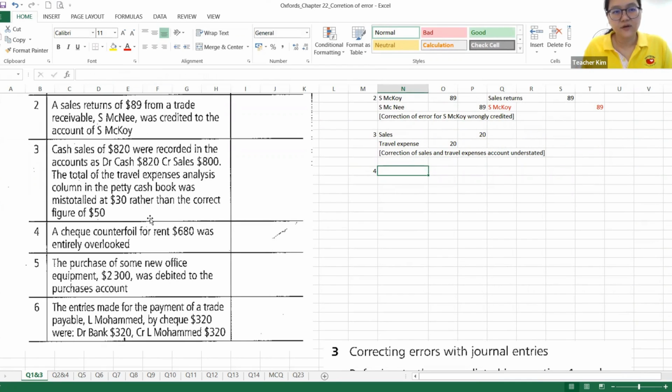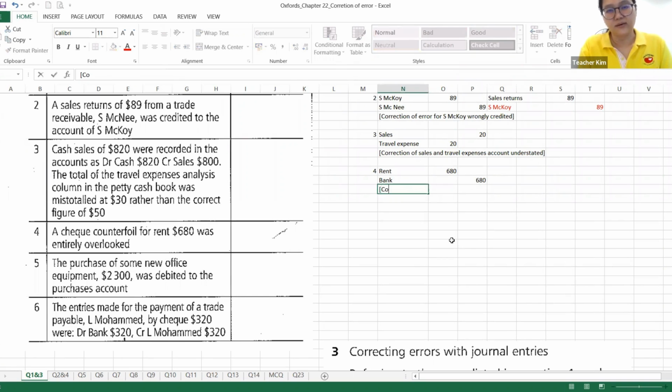A check counterfeit for rent entirely overlooked, an omission. I mean, we just need to put back what is supposed to be in the account. Debit rent. Check means it must be the bank. So the amount is 680. And what is the reason?